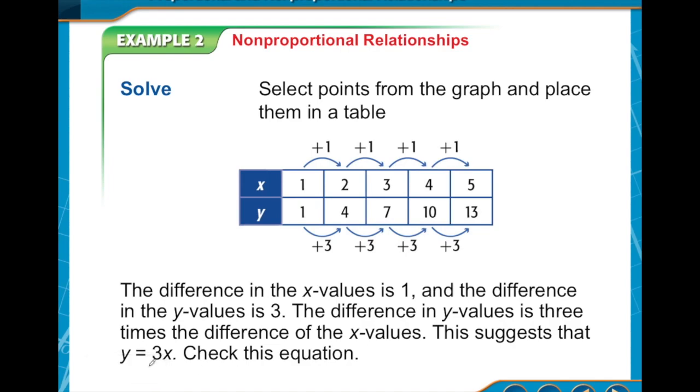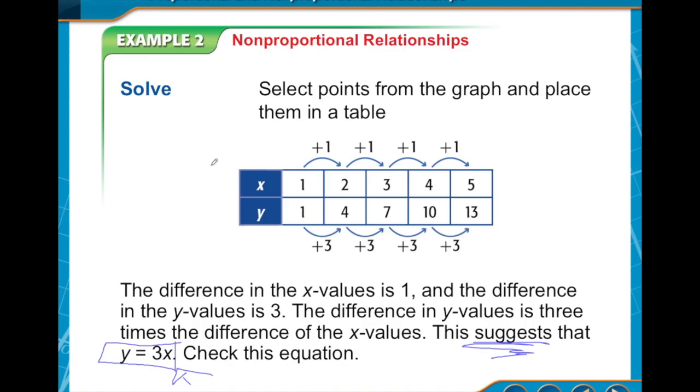So notice in our little paragraph here, given we just found the slope is 3, this would suggest, meaning maybe, our equation is y equals 3x. So this is true that it does have a slope of 3, but we don't know for sure if this is the final equation.